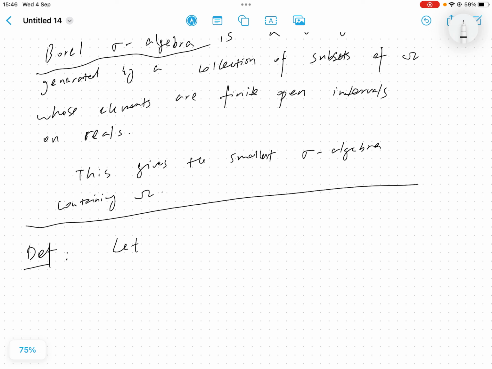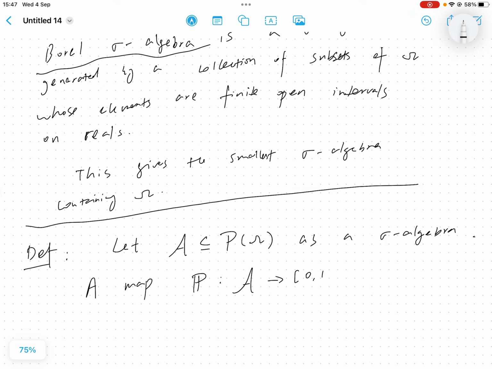So let this curly A again be a sigma algebra. So this should be a subset of the power set of some omega. Then a map or a function, this P, is a map from this curly A to [0, 1].